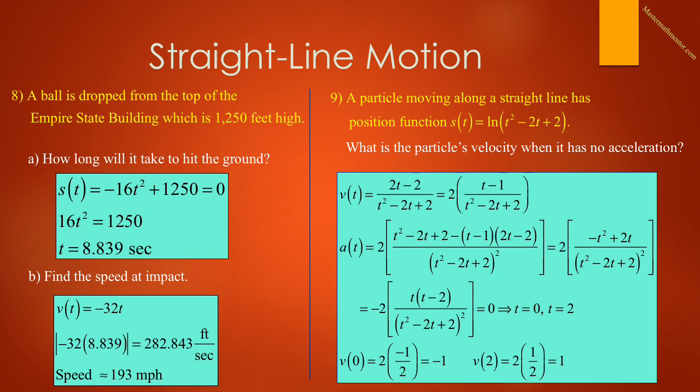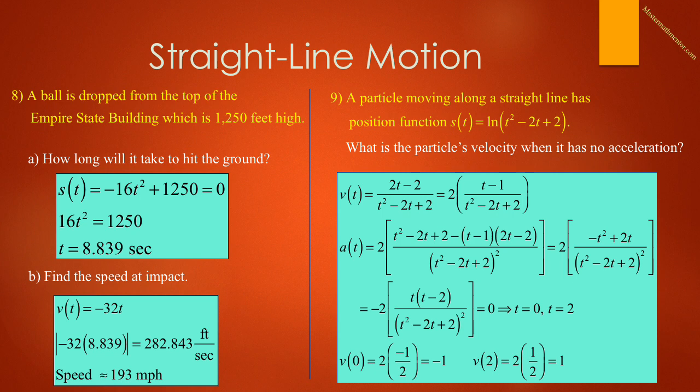We have to take the derivative to get the acceleration, and we have a quotient rule. We square the bottom, and then upstairs we get t squared minus 2t plus 2 minus the top, t minus 1, times the derivative of the bottom, 2t minus 2.